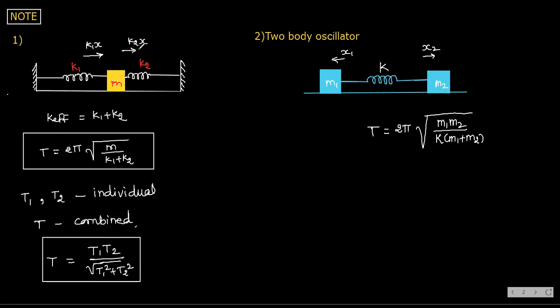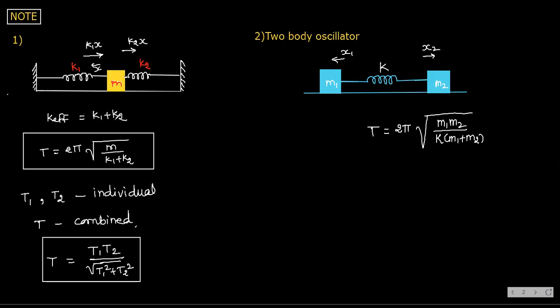Whereas here also it will try to pull in this direction. Yes, restoring force. So both the springs are having restoring force in the same direction. Because displacement is this side. Displacement is this side, x. Right? Yes, displacement is this side, suppose x.